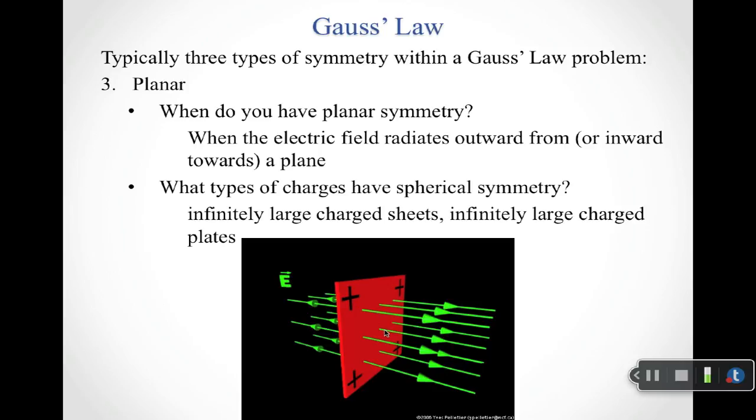If you're interested in calculating the magnitude of the electric field, then you've got to have a lot of symmetry in the problem, and you've got to figure out just exactly the right Gaussian surface to pick that simplifies the integral so that you can calculate the electric field easily. And that's going to be a lot of what we're going to concentrate on when we're actually working Gauss's law problems in class.